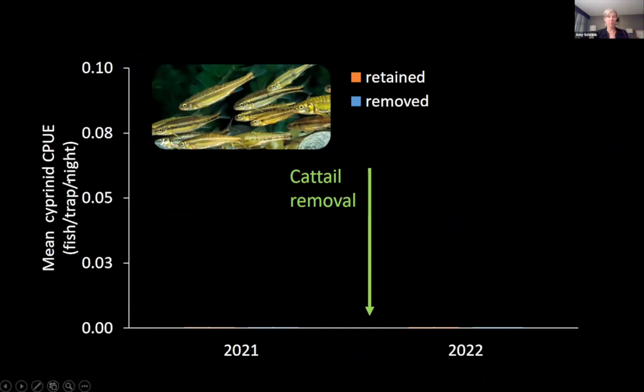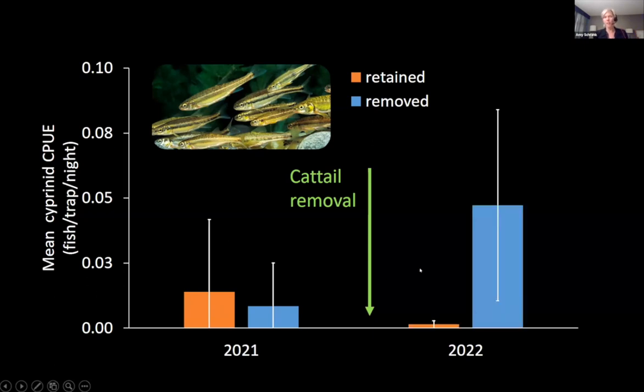So again, this is just minnow abundance on the y-axis, and you've kind of seen these graphs before. What we see here is that minnow abundance is similar before we remove cattail. Again, the values are super low. We remove cattail, and we see increases in minnow species in our cattail removal plots. Turns out there's significantly more, but it's still a small number.